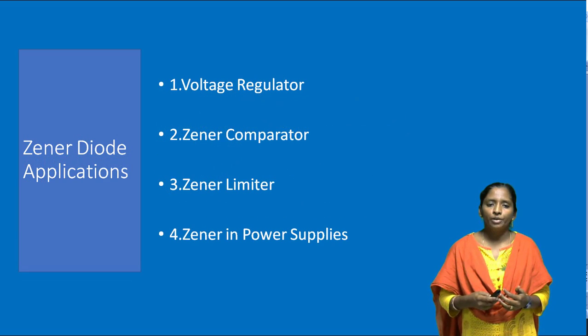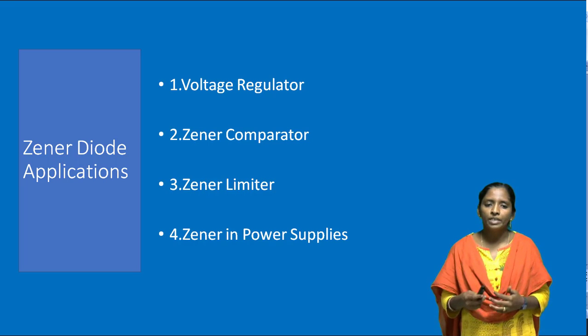Applications of Zener diode. The main application of Zener diode is voltage regulator. Here, irrespective of input variations, it maintains a constant output. The second one is Zener comparator. It compares two Zener voltages and gives the best result.